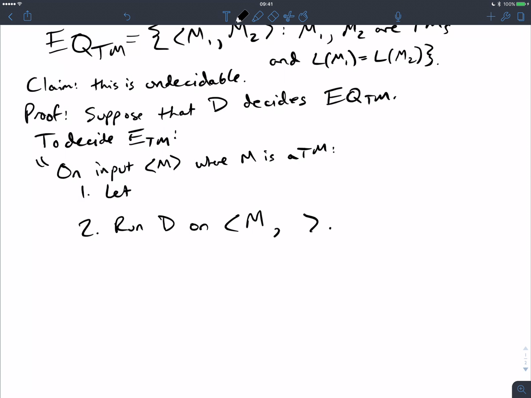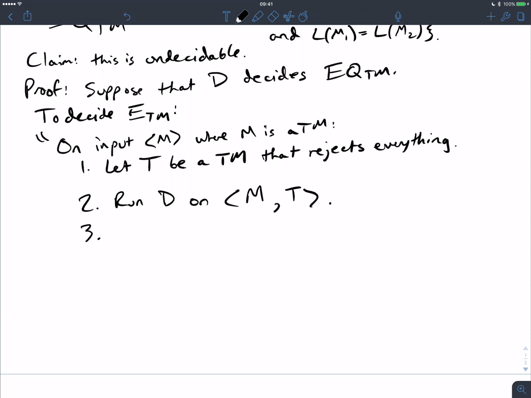So let T be a TM that rejects everything. And now I'm going to have that be my second machine. So let's figure out why we're trying to do it this way. So I'm going to try to use my decider for Eq TM to figure out something about whether M has empty language or not.